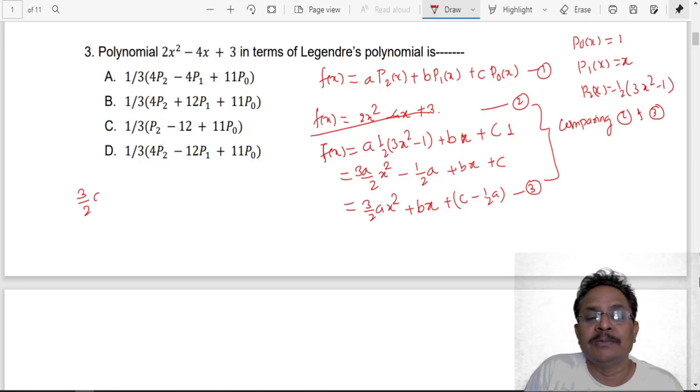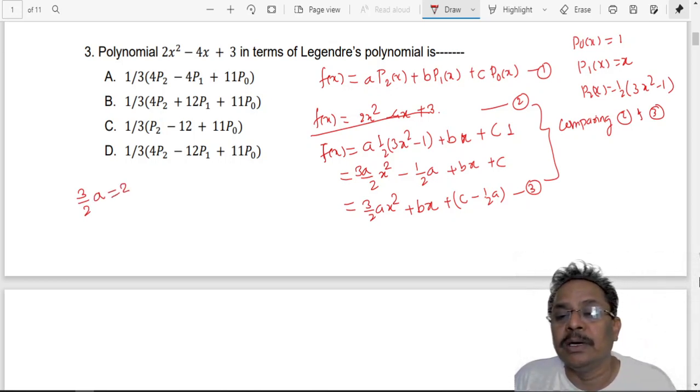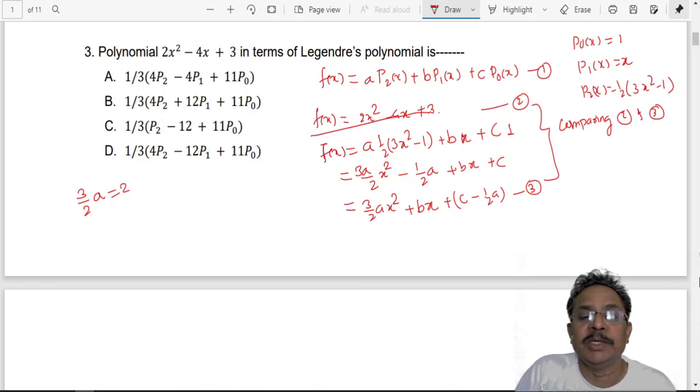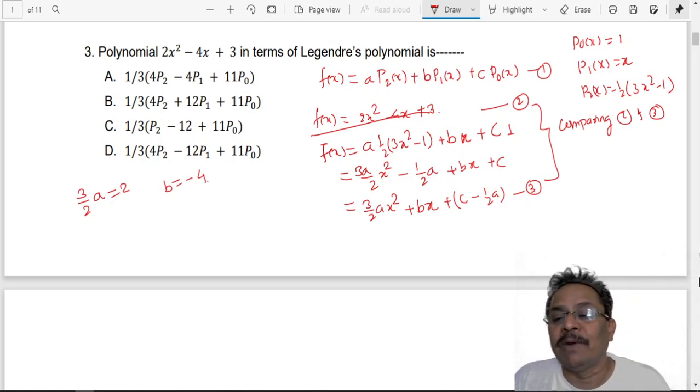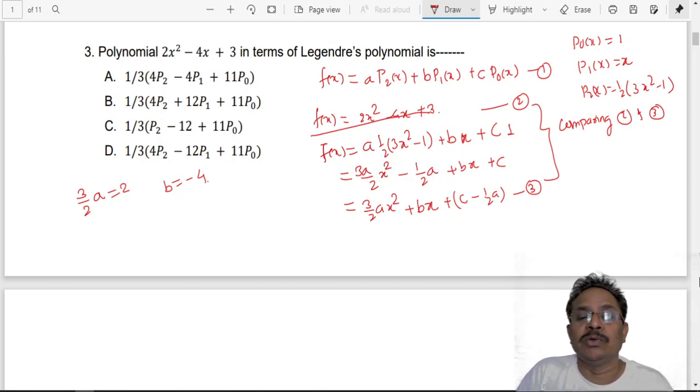Similarly there is this minus 4x, and here it is bx, so that gives me b is equal to simply minus 4. And finally this c into 1, that is c minus 1/2 into a, and here it is simply equal to 3, so c minus 1/2 times a is equal to 3.